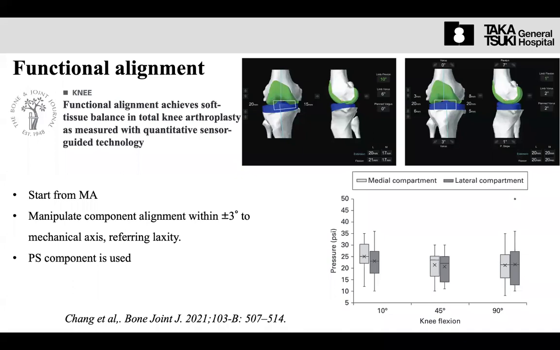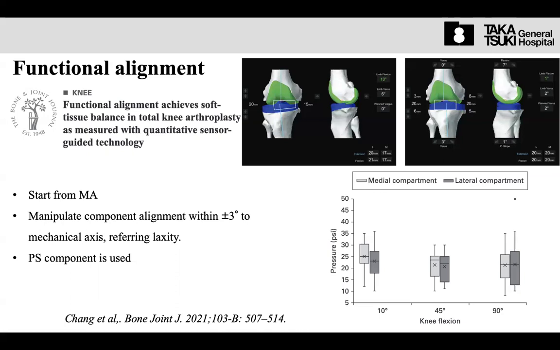We cut the bone in the same thickness as the component thickness. Okay, do you understand? So for the CR user, most surgeons do the measured resection and cut the same thickness as the component thickness. That's all. Then gap balancing can be adjusted automatically. That is the measured technique.